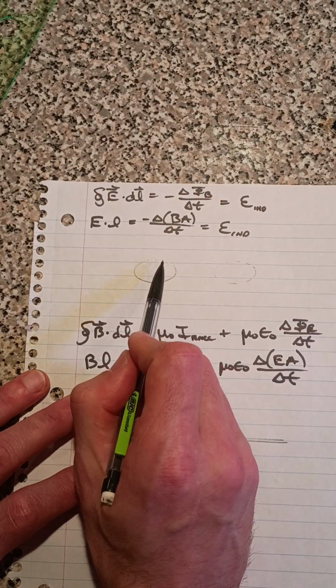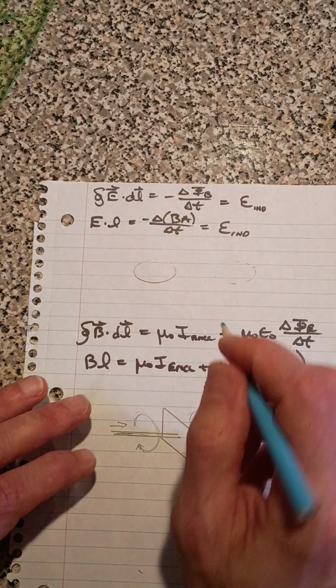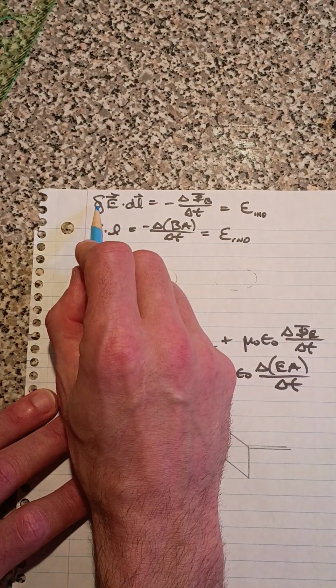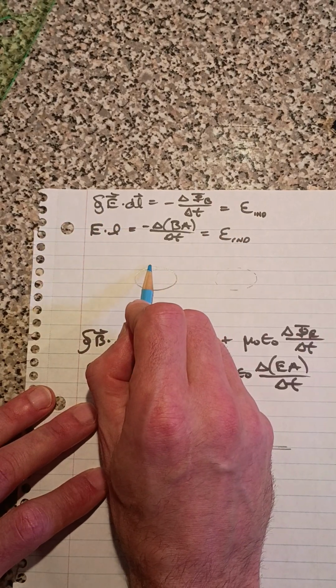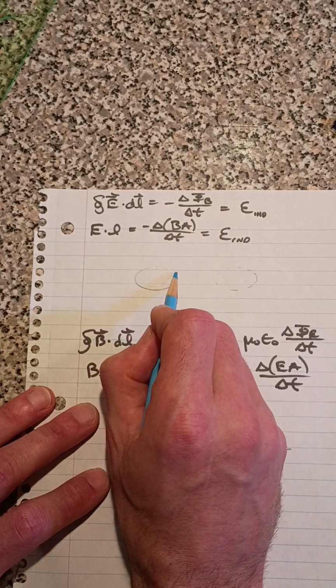Okay, so Faraday's law, I drew a current carrying wire right here. Now, let's just look at what's going on. What it's saying is the electric field times each point along this circle, this circular wire.